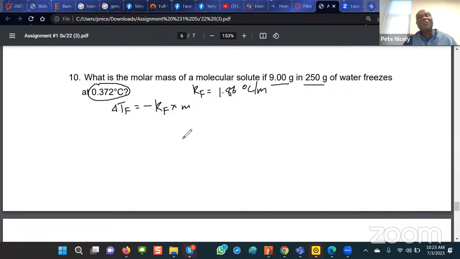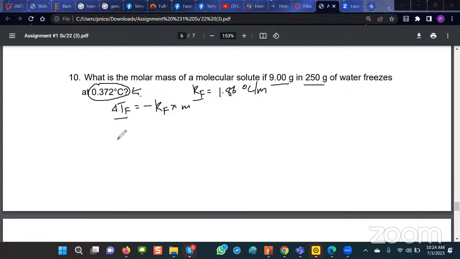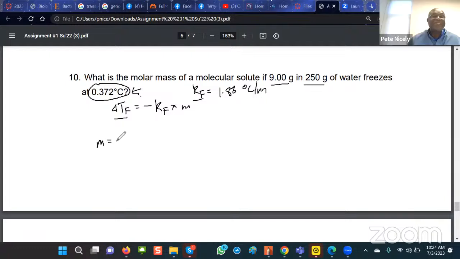Okay, so we have the KF value, and we can calculate delta TF because we know the freezing point of the solution. So therefore, what can we find based on what we have so far directly? The molality. Okay, very good. So the molality is equal to minus KF divided by delta TF.